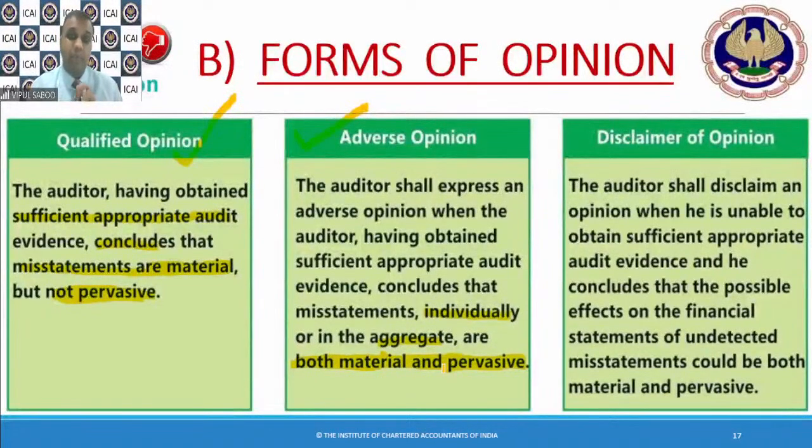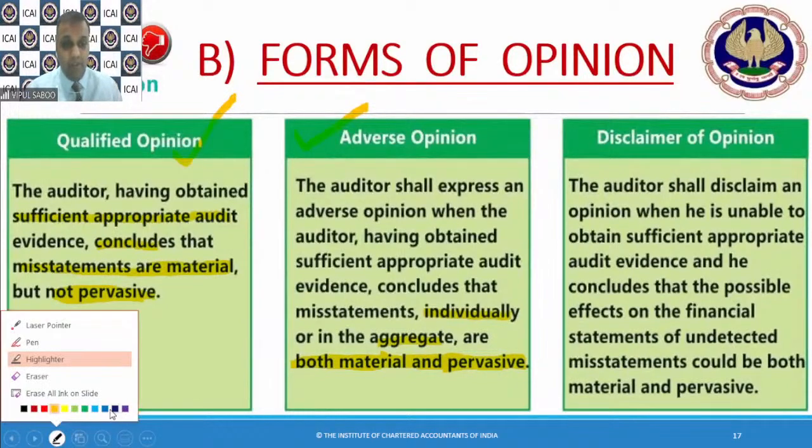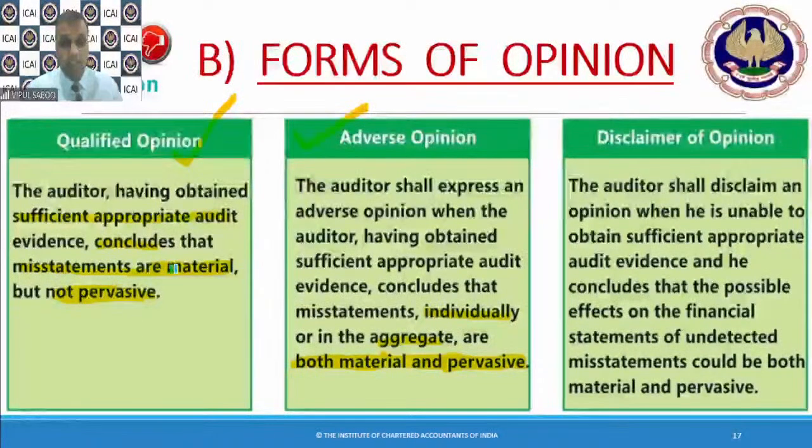So when the misstatements are material but not pervasive, not affecting all the elements of the financial statements, not present everywhere, the auditor will give a qualified opinion.